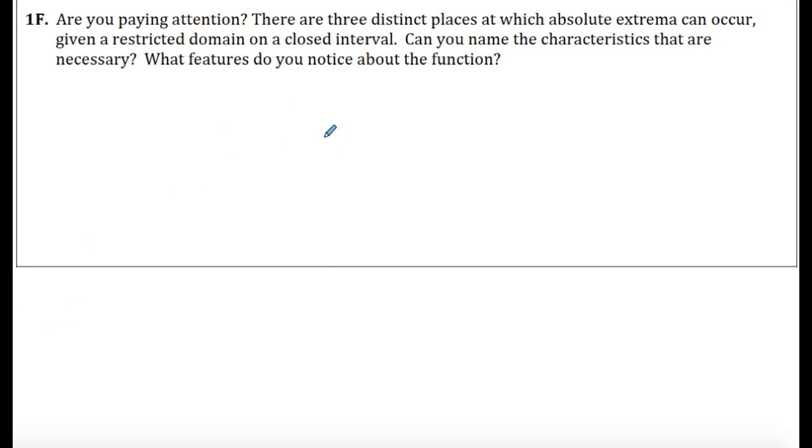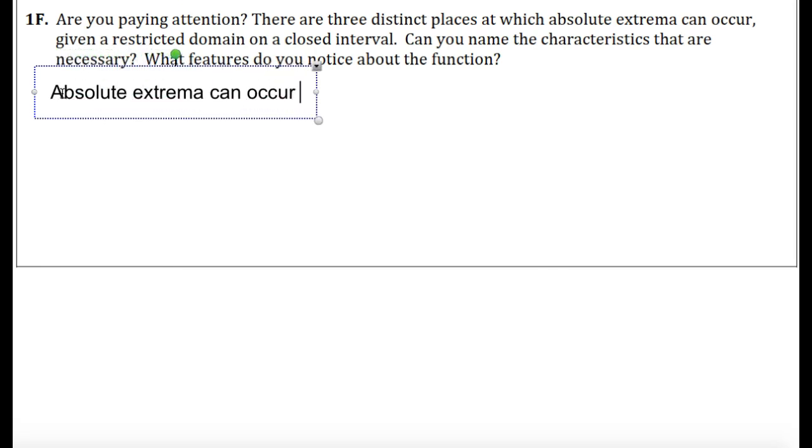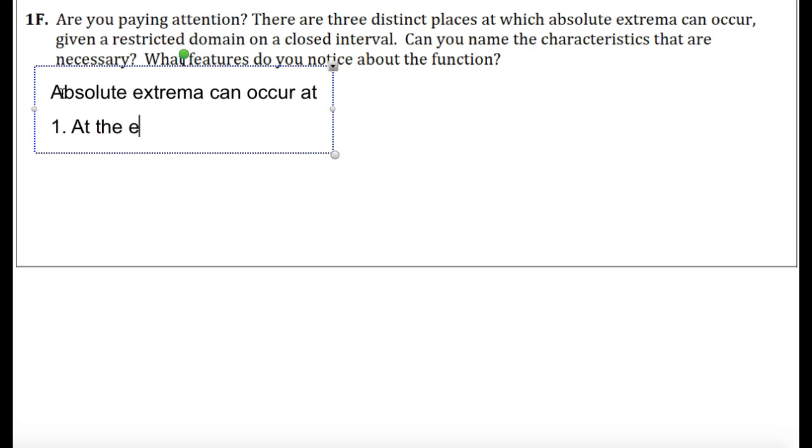There are 3 places where absolute extrema can occur, and we looked at all 3 of them. Let me type this in again here. So we can say absolute extrema can occur at 3 different places. First, we saw plenty of examples of this, they can occur at the endpoints of a given interval.